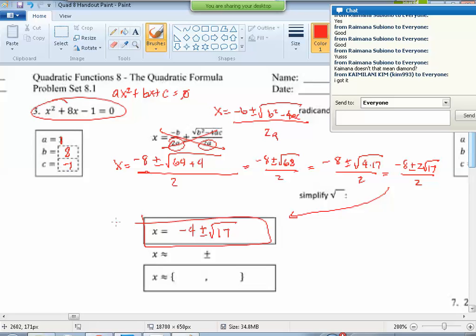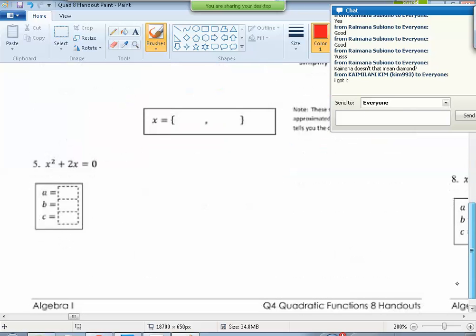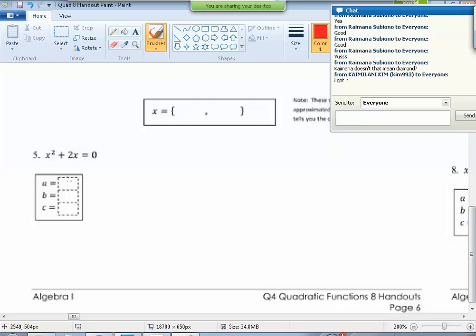What about number 5 that doesn't have a C? Which one? The last one. This one right here? Yeah. Okay. So a is 1, b is 2, c is 0. Okay, fine. So it's negative 2 plus or minus the square root of 4 minus 4 times a times c, which would just be 0, divided by 2 times 1.